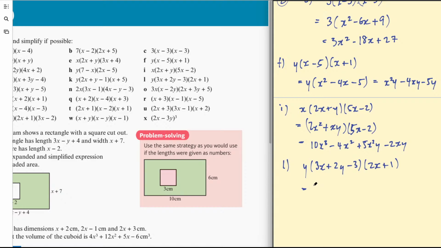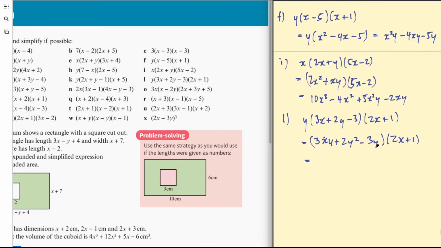Expand the y first, so we'll have 3xy plus 2y squared take 3y multiplied by 2x plus 1, and then expand the bracket, so multiply everything by everything. I do this in reverse, so I do the bracket multiplied by these.